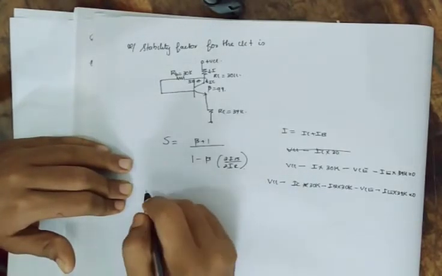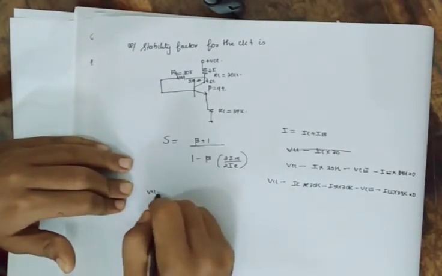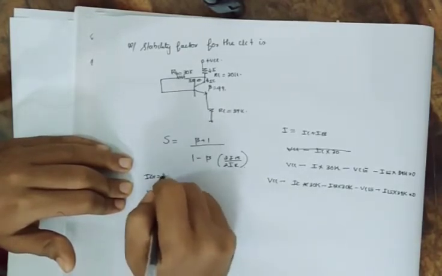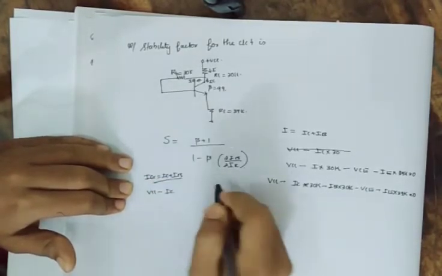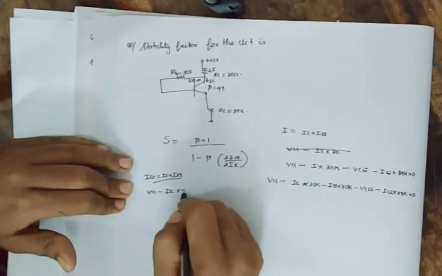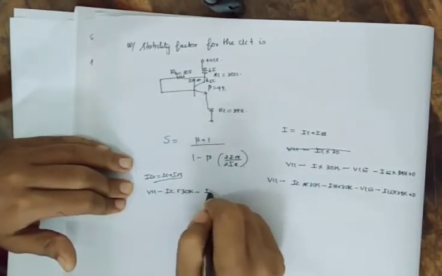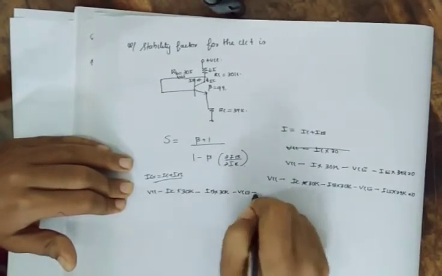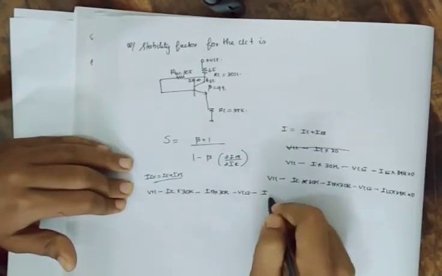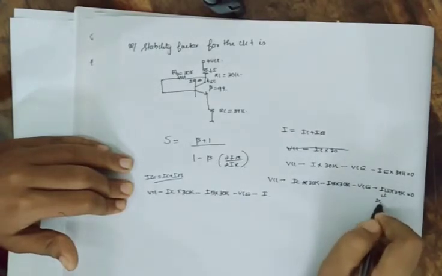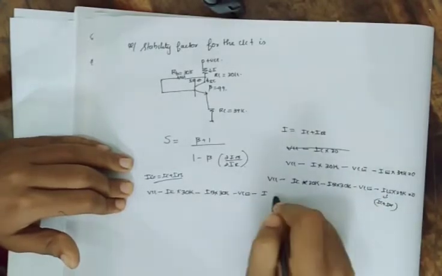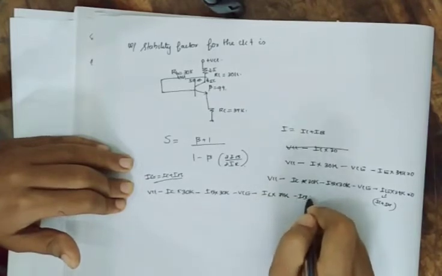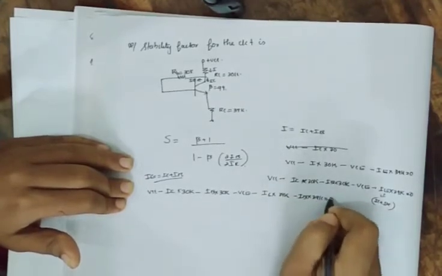Now IE equal to IC plus IB, right? So I'll use that. IE becomes IC plus IB. IC into 39K minus IB into 39K equal to 0.